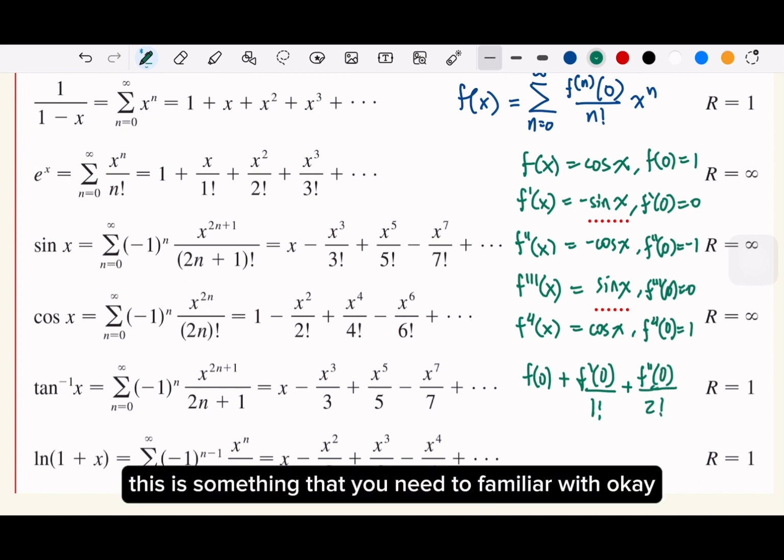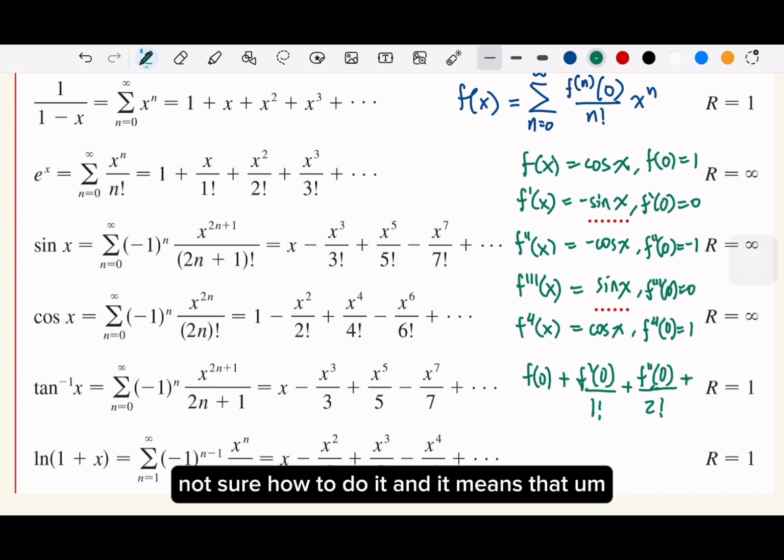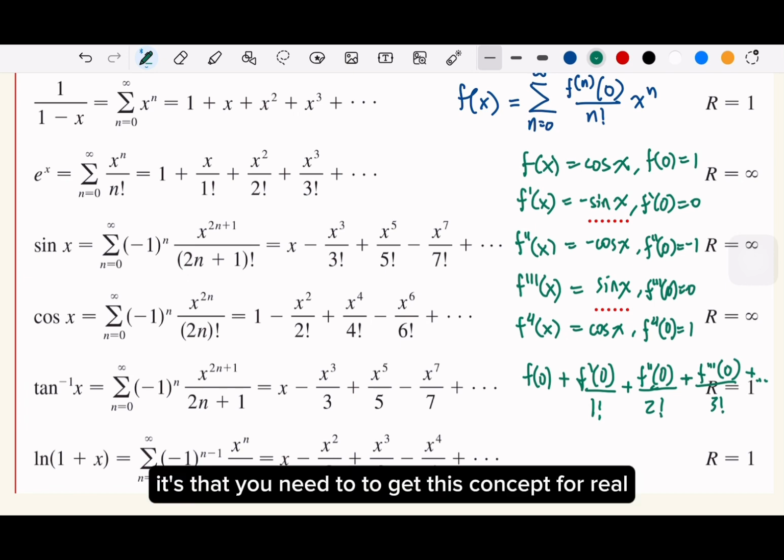This is something that you need to be familiar with. If you're still not sure how to do it, then you need to understand this concept already.